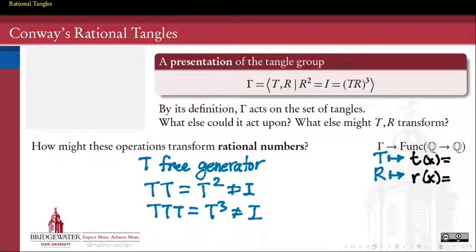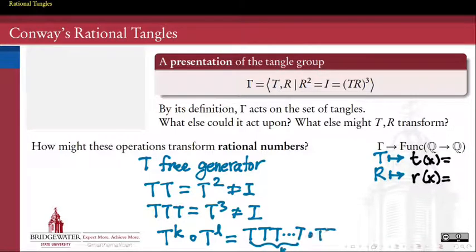And furthermore, as I get higher and higher powers of these T's, if I combine them together, I also need to know that if I have, let's say, K powers of T and I compose them with L powers of T, what do I need to get here? So I have K powers of T over there, and I have L powers of T over here.